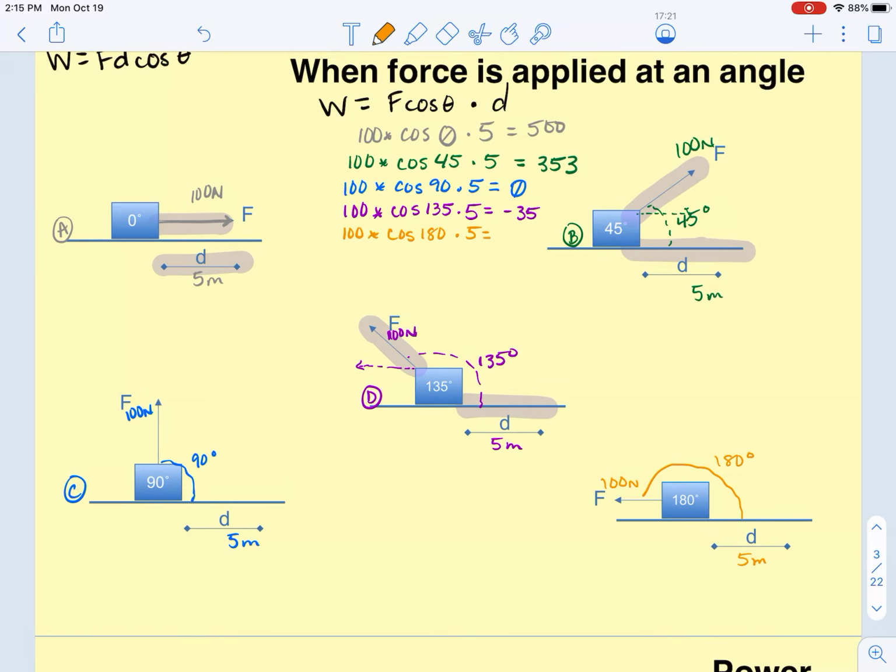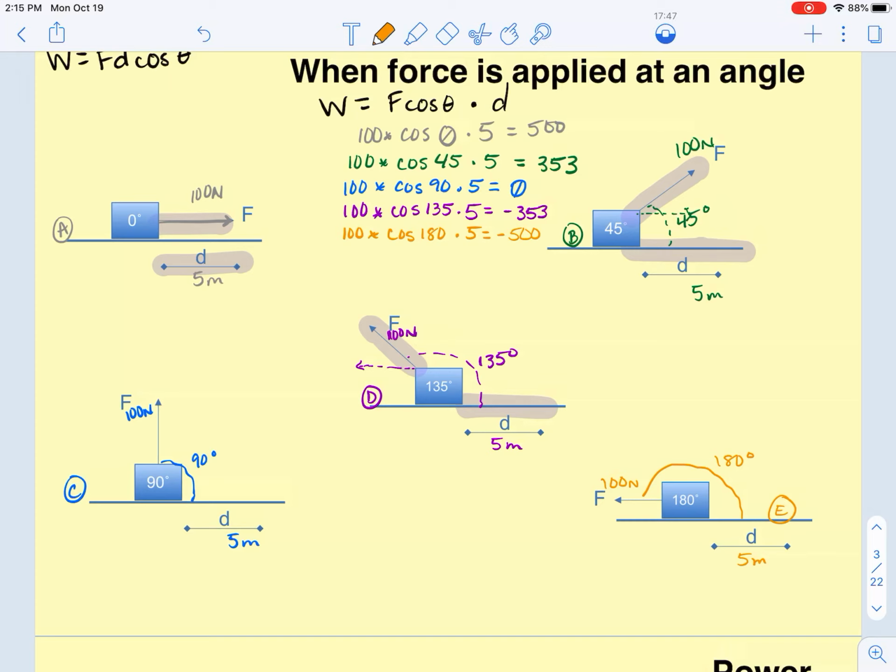This is going to give us a value of negative 500, because all of the force, 100 newtons, is being used, so the magnitude is going to be the same for picture A as it is for picture E, because they're both 100 newtons of force.